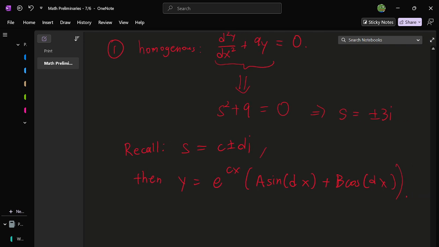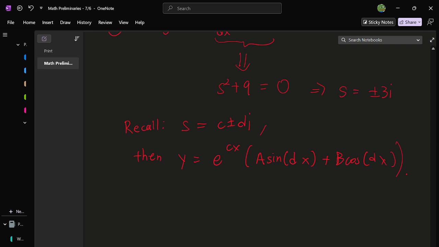But in this case, your C is equal to 0. So that makes your life quite simple here. Since your C equals 0, you can just write this, and this will be your homogeneous solution.